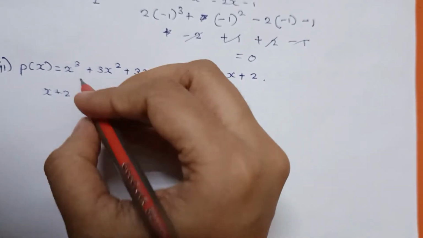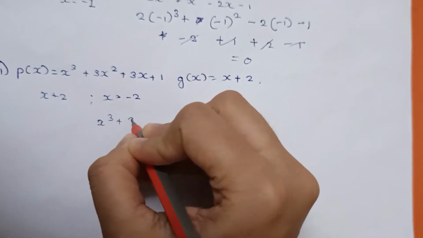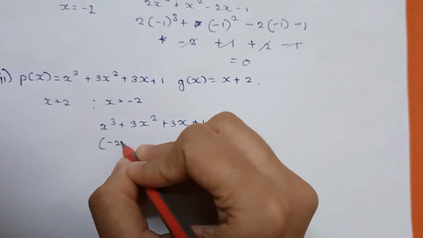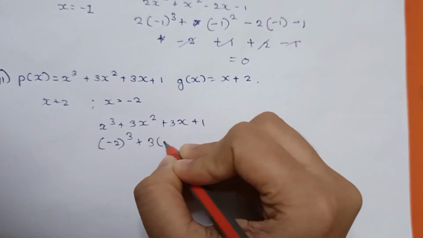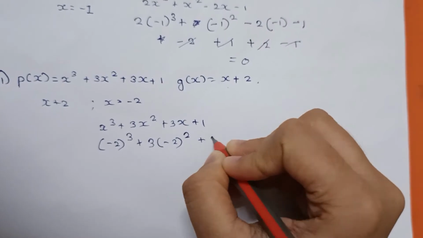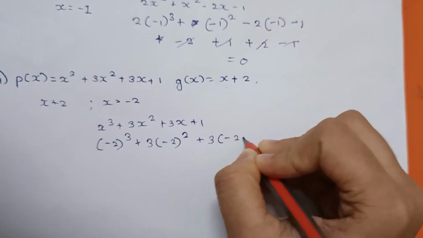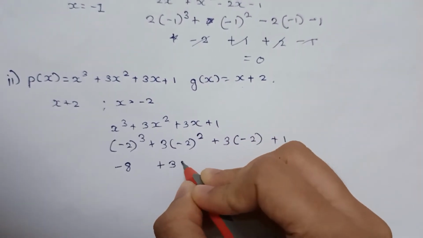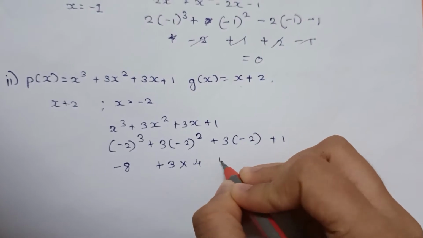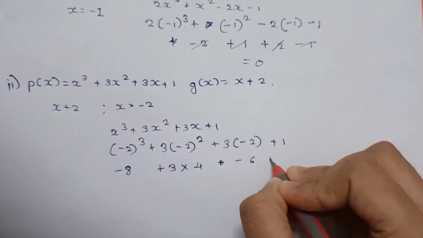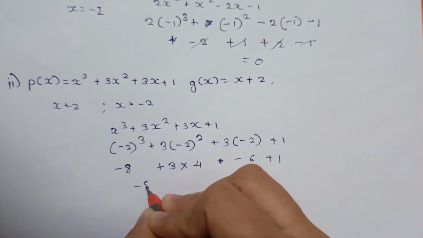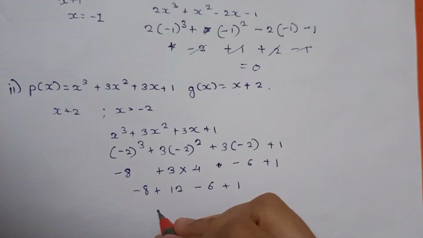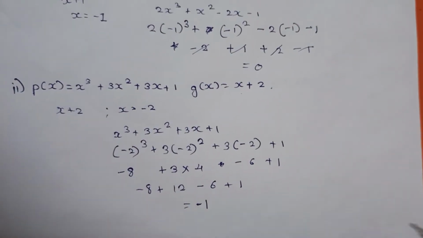Now we will substitute this value in the expression x cube plus 3x square plus 3x plus 1: minus 2 raised to 3 plus 3 times minus 2 raised to 2 plus 3 into minus 2 plus 1. Here we will get minus 8 plus 3 into 4 plus minus 6 plus 1, that is minus 8 plus 12 minus 6 plus 1. After solving we will get minus 1.